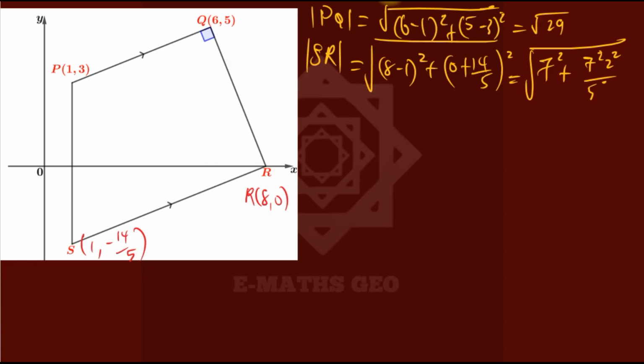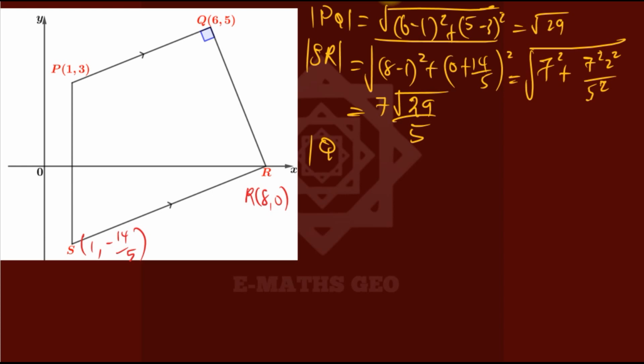If we factor out 7 squared, the square root of 7 squared is 7. So we are left with 1 plus 4 over 25, which is 29 over 25, and the square root of 25 is 5, so we're left with 7 times the square root of 29 over 5. Yes, that's the simplest one possible.